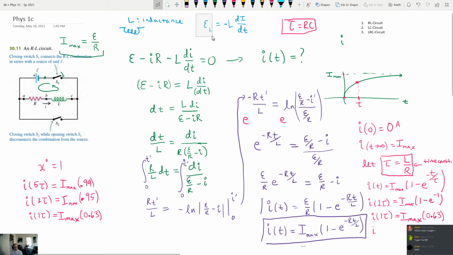Because then what's going to happen to EL? If this gets smaller, then this gets smaller, right? And this is back EMF. I know it's really hard to follow this whole train of thought, but this is back EMF. So if this is smaller, then the circuit's going to be able to reach its maximum current faster. So not only will the current go from this to this, but at the same time, that's actually going to do this too. So both things happen simultaneously because the resistance ends up affecting di, which affects the back EMF, which then affects tau, basically.